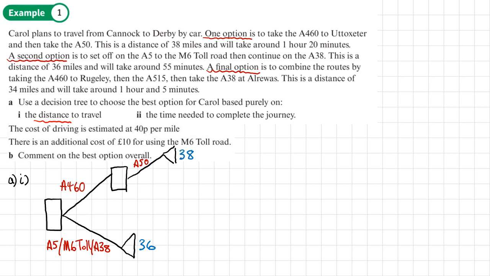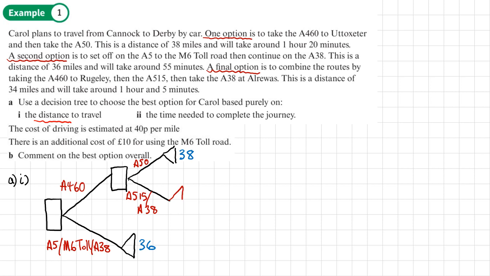And then option number 3 starts on the same 460, and then it takes the A515 and the A38. Now I don't need to show that on 2 branches. I can just combine the 2 roads onto one. So the A515 followed by the A38 here, and we'll work out the payoff for that one.